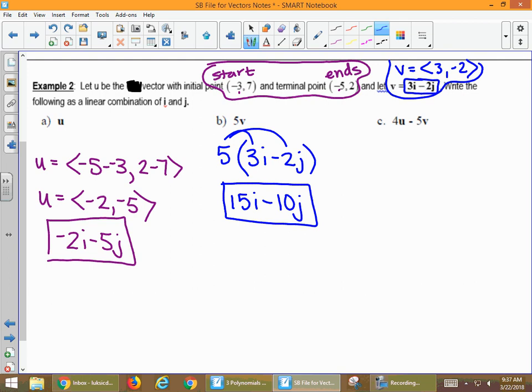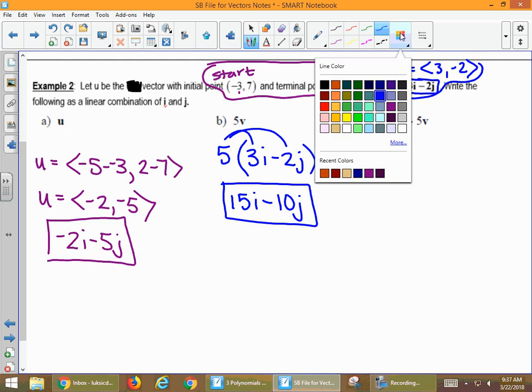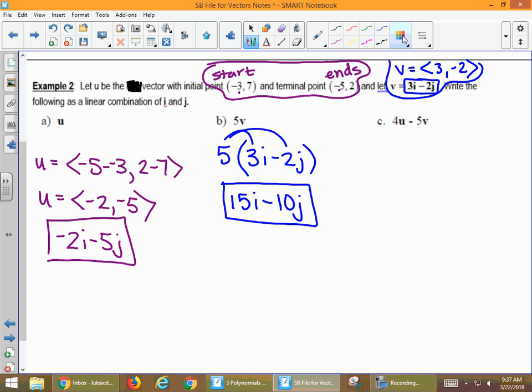4u minus 5v. So we already found our vector u. I'm just going to stay in the i and j form. And we found 5v already.